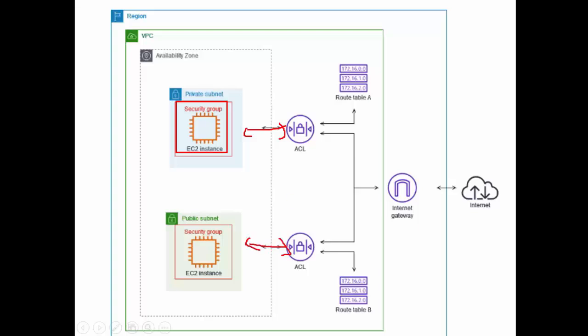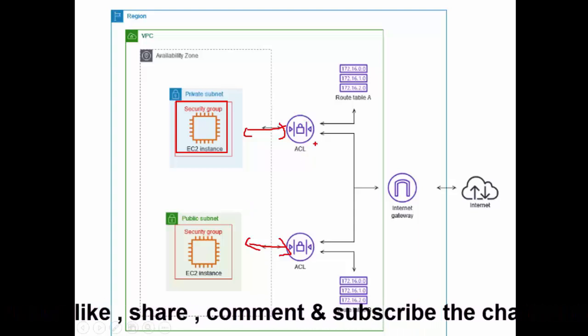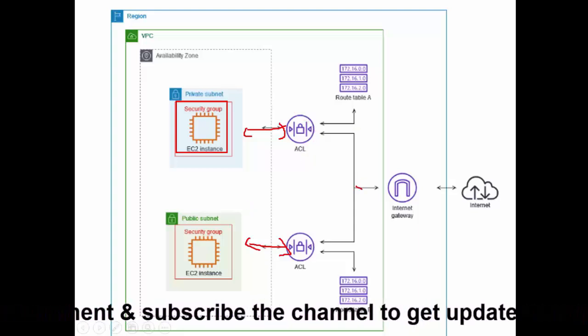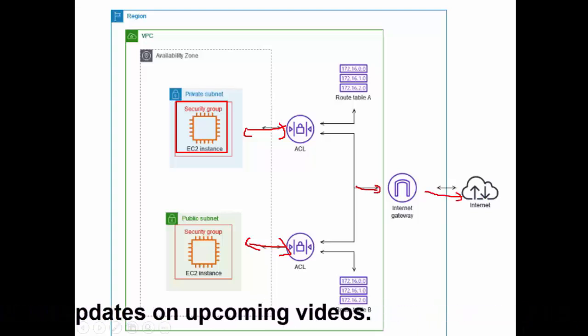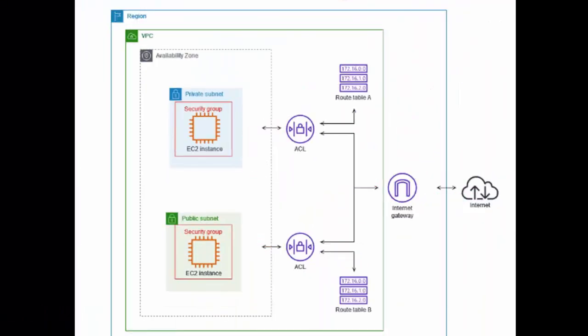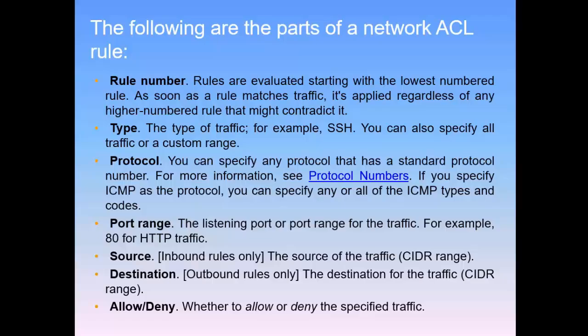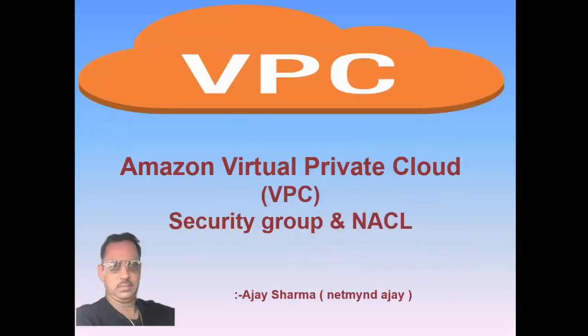Everything is here, and I'm explaining it again and again to make you more and more clear. After going from here, it goes to the internet gateway and then to the internet. Clear? So that is all about security group and NACL.